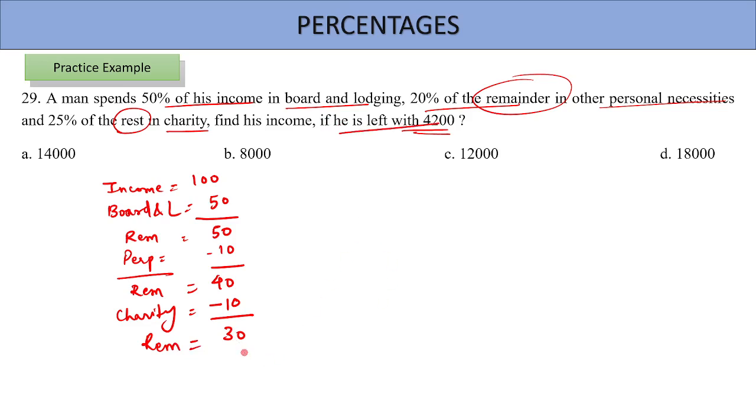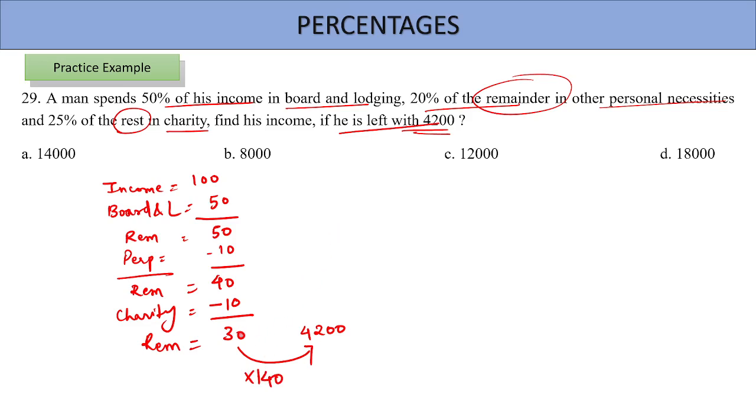From my calculations, I am getting 30, but the actual value should be 4200. So with what value should I multiply 30 so that I get 4200? I will multiply it with 140.